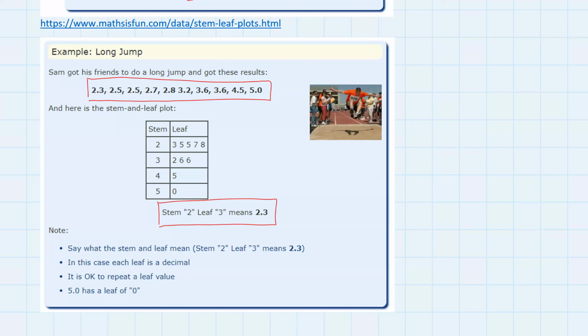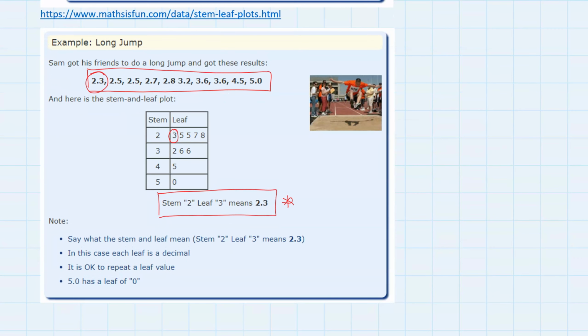For example, that first 3 that we see in our stem and leaf has a corresponding stem of 2. You don't read that as 23. The key down the bottom says you read it as 2.3, which is that number in our data set. So you don't have to put the decimal point in as long as you explain how to read the graph in a key.